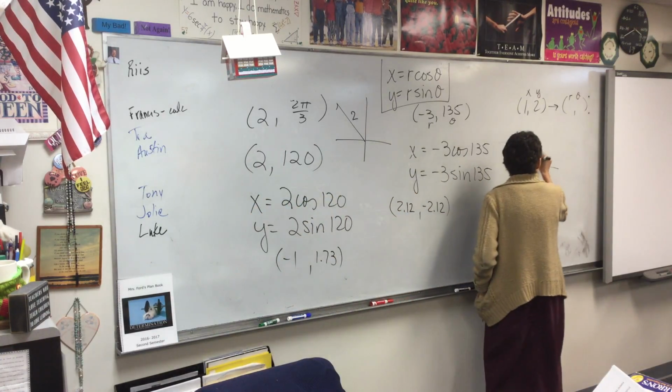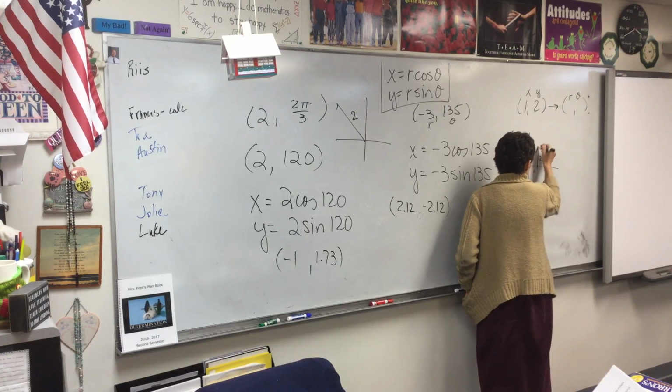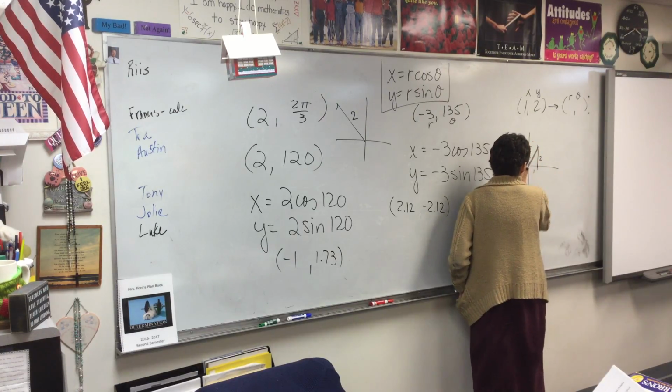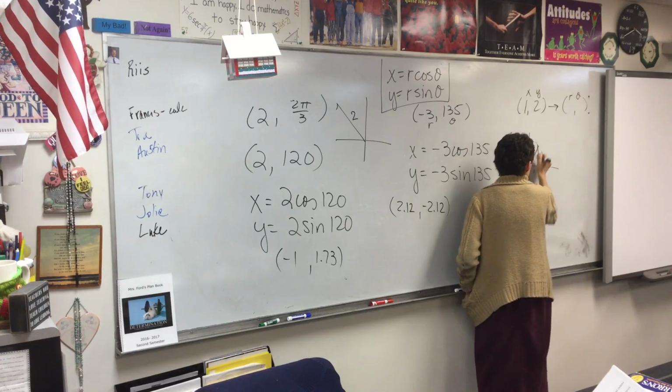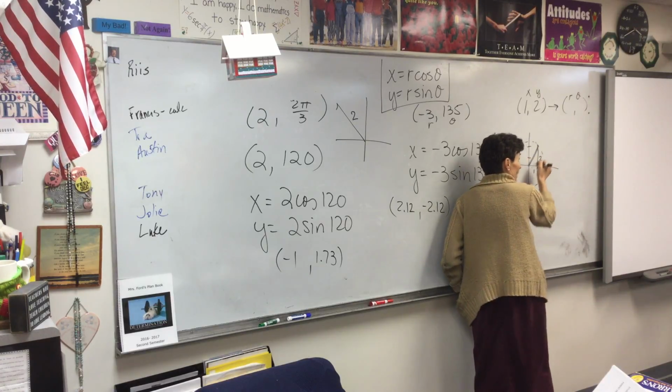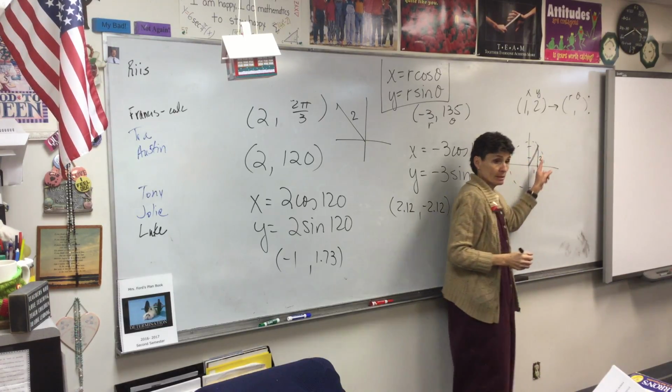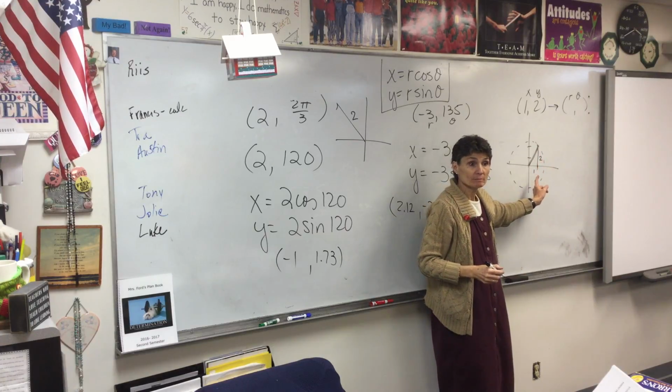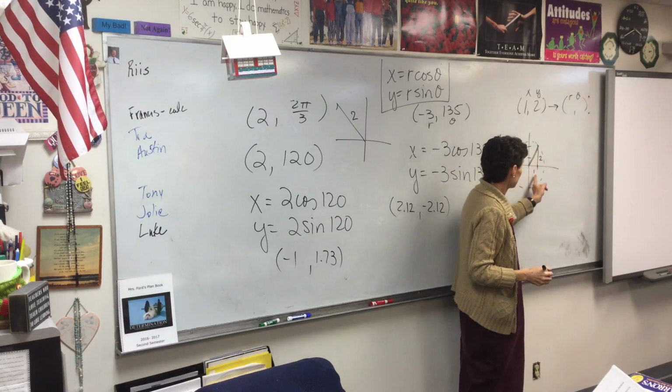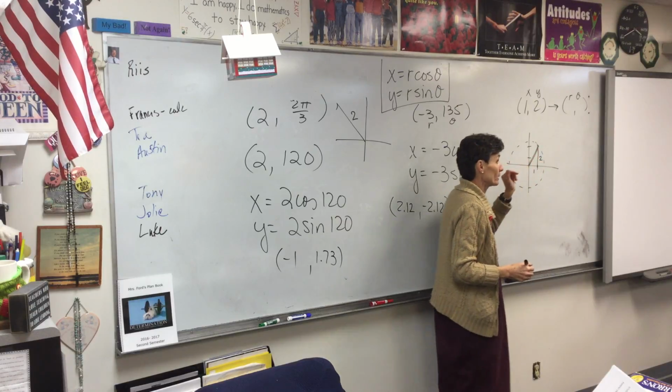This right here is R. Think about if there were a circle there. Do you see how that would be the radius? That would be R. Now how could I find R? Looking at this triangle here, how could I find R real easily?